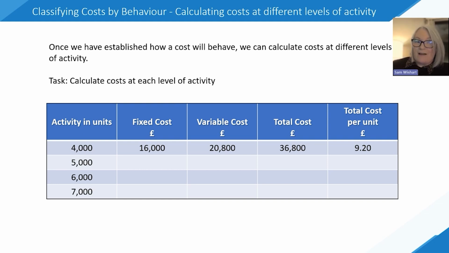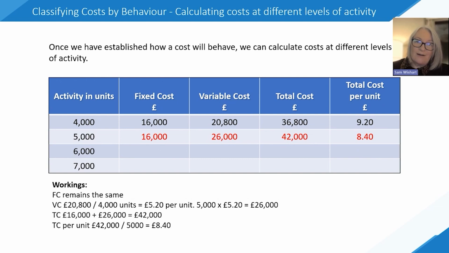So what about our variable cost? We can see for 4,000 units, the variable cost was 20,800. So what we want to do here is to work out the cost per unit at 4,000. And then once we've found the cost per unit, we can use that to multiply out at 5,000 units. So 20,800 divided by 4,000 multiplied by 5,000 will give us our variable cost at 5,000 units.